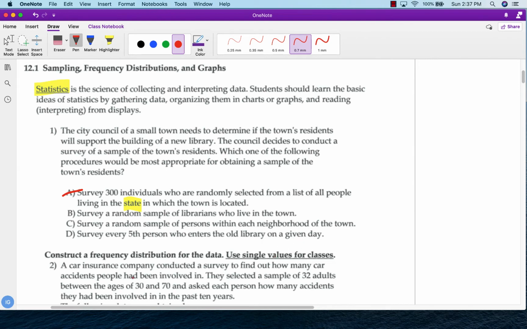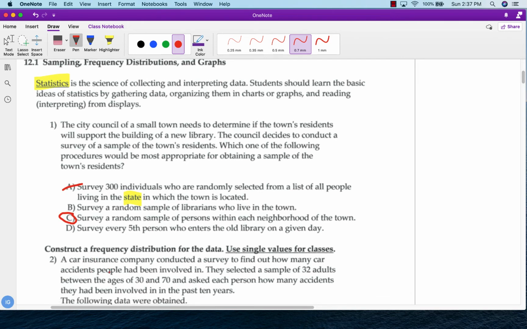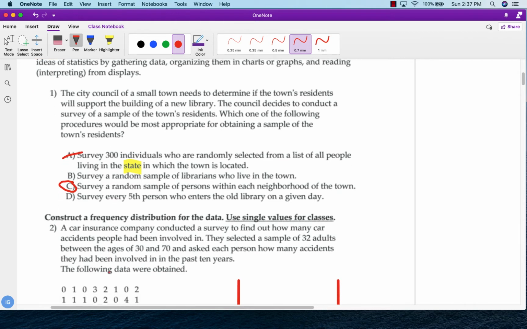So I think this one, the most appropriate one that would not be biased and it would take into account a sample of people that live everywhere within the town will be C. And that will be the most appropriate way to conduct this survey. It will not be biased and it will take into account everybody that lives in the town, pretty much.